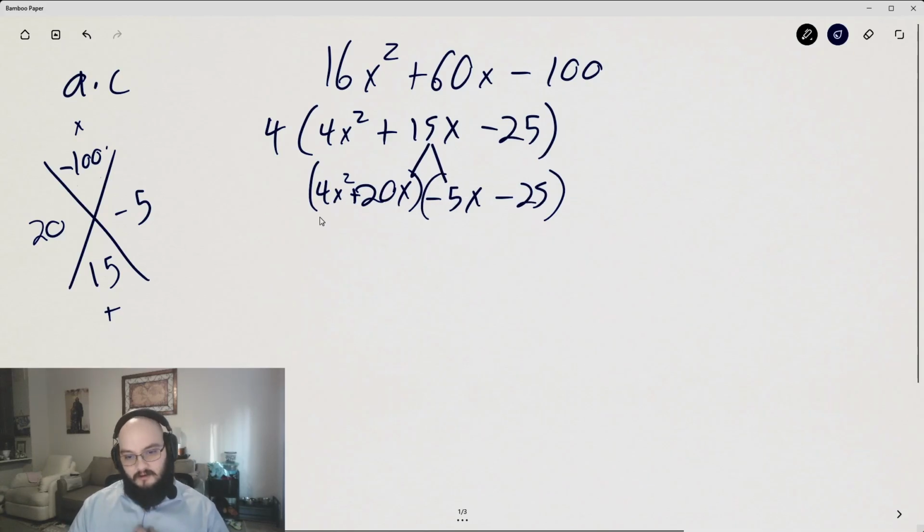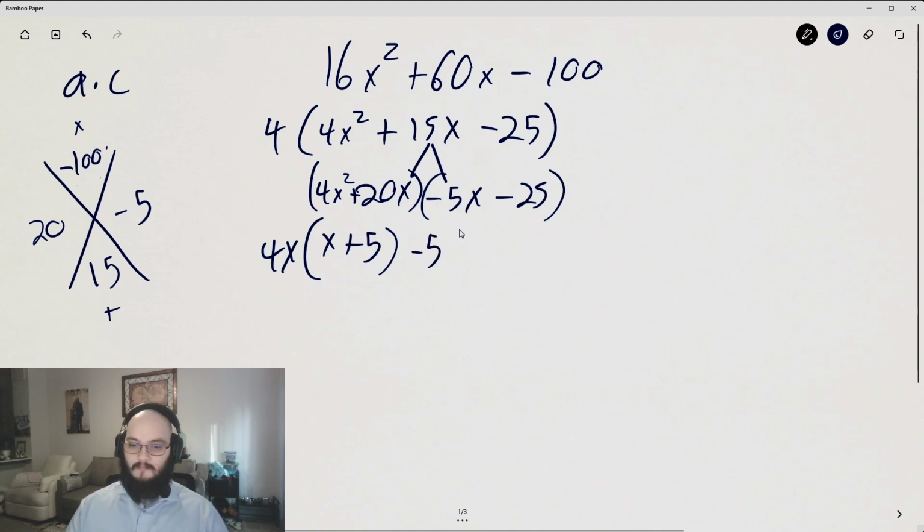So, first factor, we can take out 4x. Because we can take a 4 from both of the constants, we can take an x from both of the variables. And we'll be left with x plus 5. And our second one, we can factor out a negative 5. And we will be left with x plus 5.